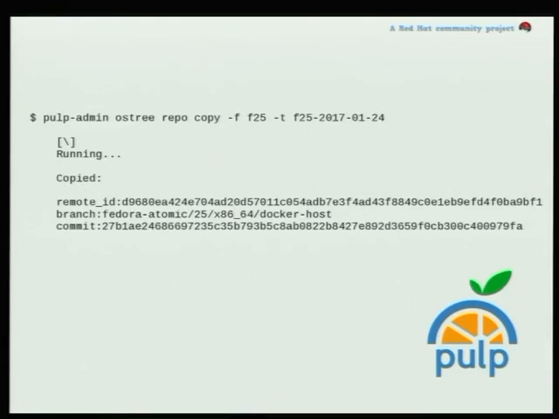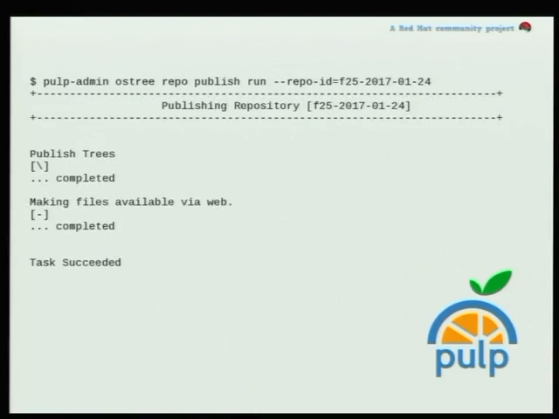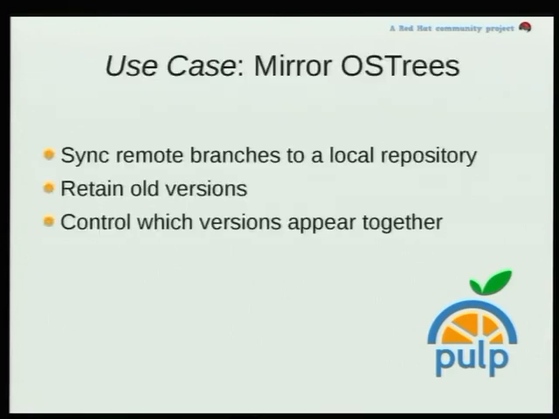And now, if at some point in the future we want to make that available to clients over HTTP, for example, then we would run this publish operation. Publish is that, as we talked about earlier, that operation of actually laying down some files on disk and making them available to a client. And for all those kinds of operations, we're using libOSTree, which again is fantastic to work with, and we're very thankful that we're able to leverage that to do these kinds of operations.